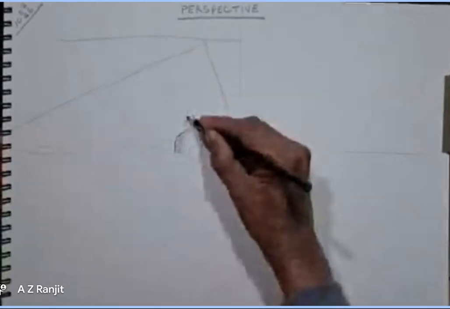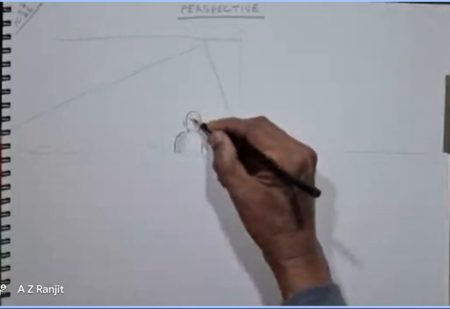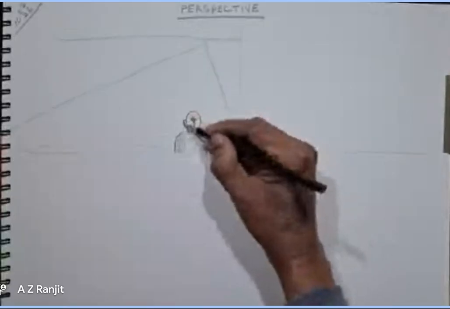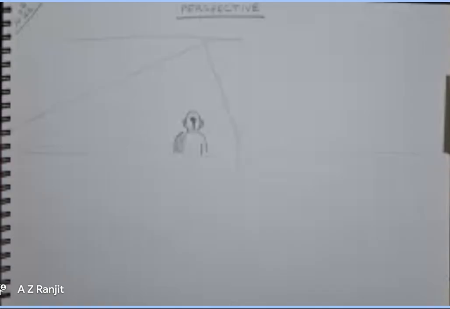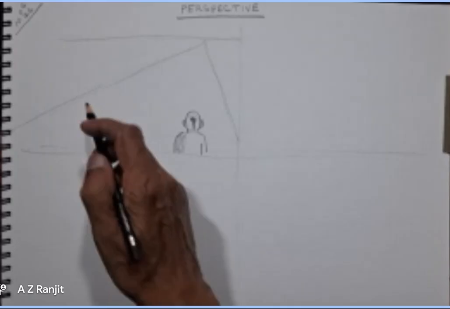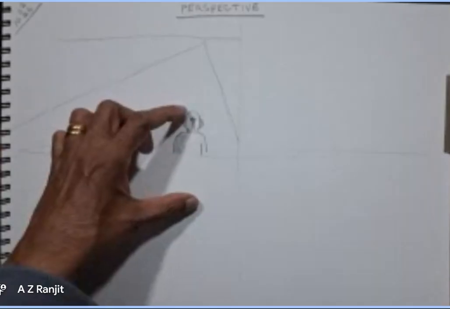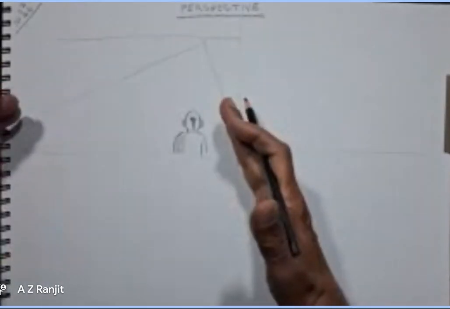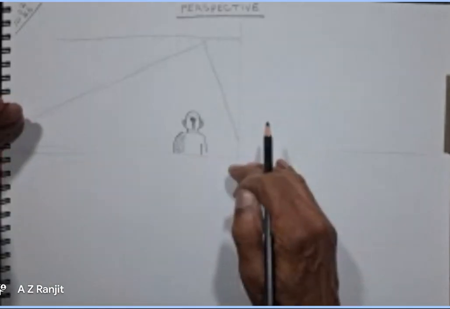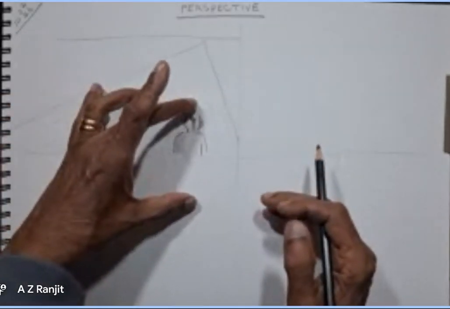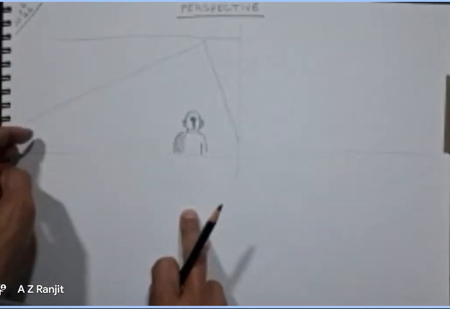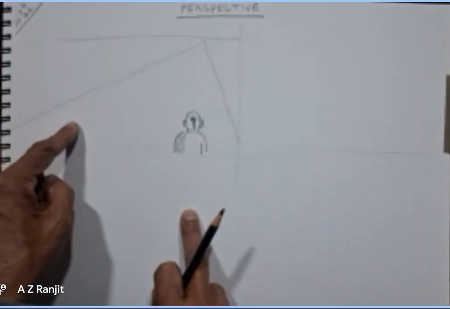Now there is somebody here. This person is here, right? The road is coming like this, but we have stopped the drawing there. This person is standing here.